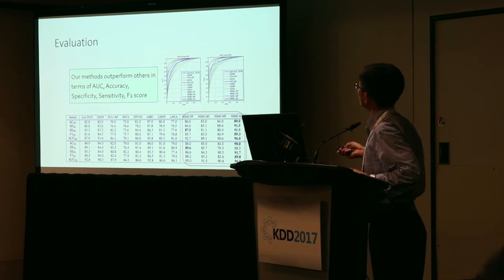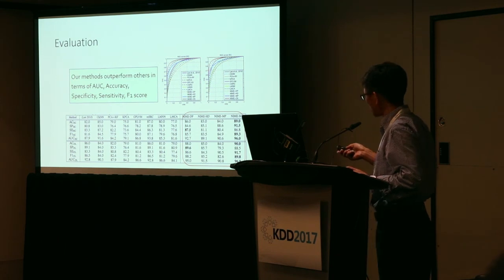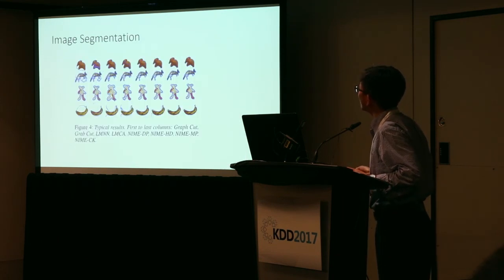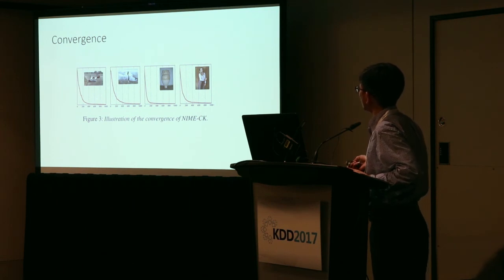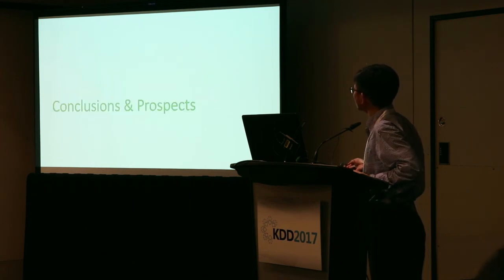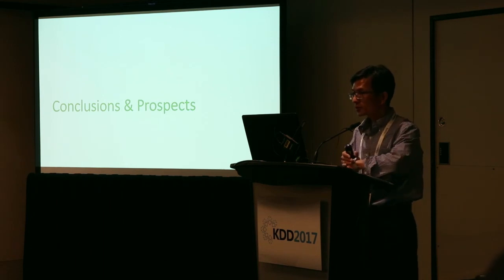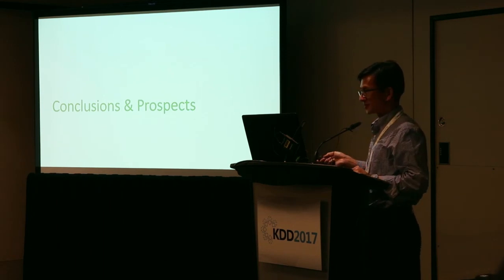And also if you look at this ROC curve, this is ours, which quite overwhelms in performance. And this is the actual image segmentation. So with ours, you see, compared to other methods, it very clearly segments the objects, and this is the convergence rate, quite efficient.